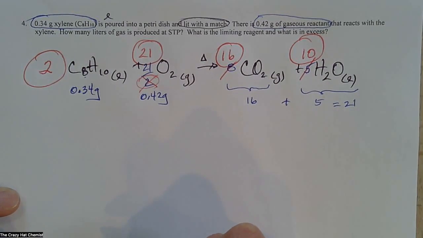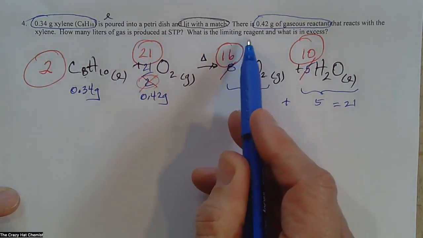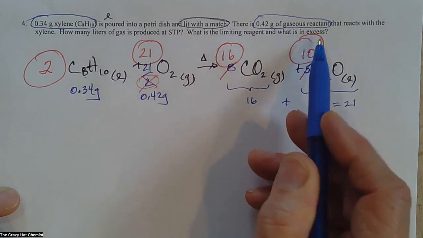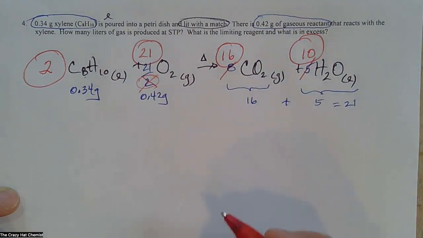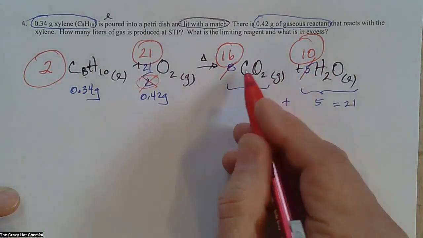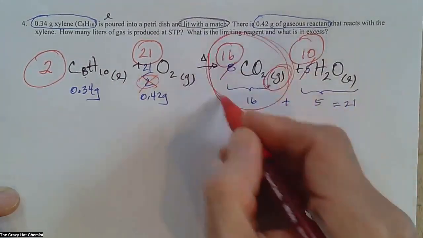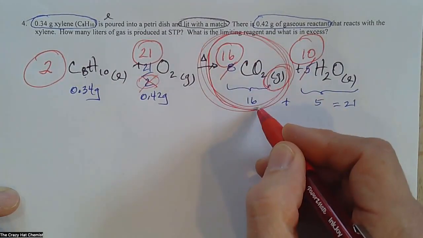That's right there. And it says how many liters of gas is produced at STP, what is the limiting reagent, and what is in excess. Oh my gosh. So how many liters of gaseous product? Of the two products, which one's a gas? Right here. So that means I need to take this to carbon dioxide.